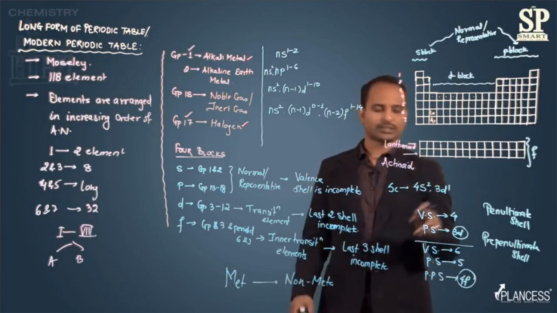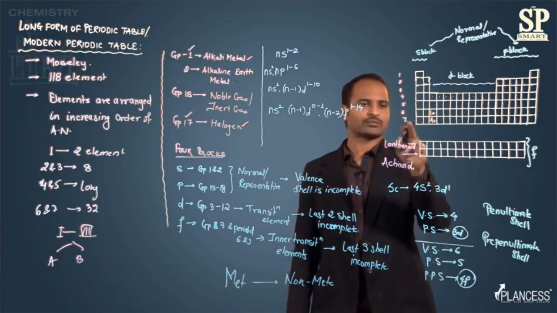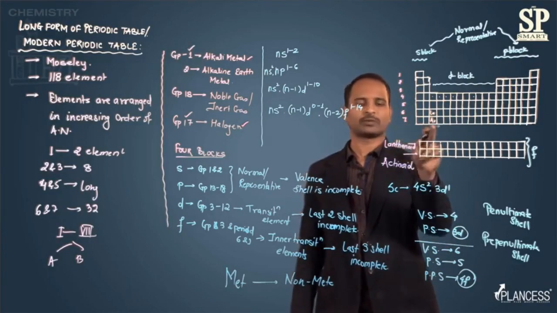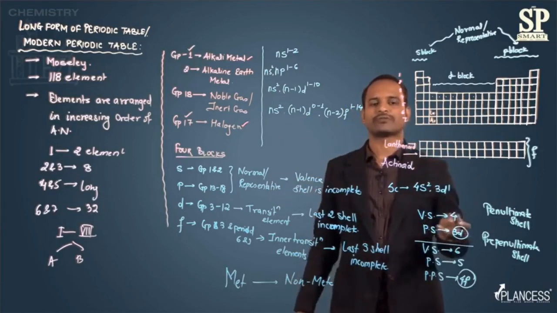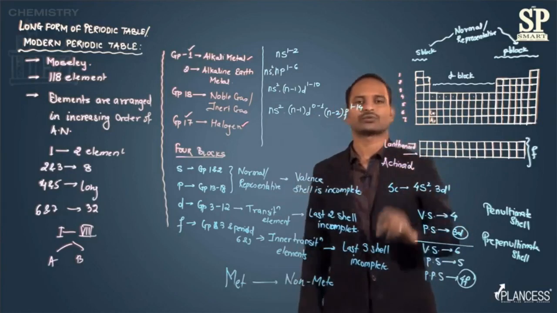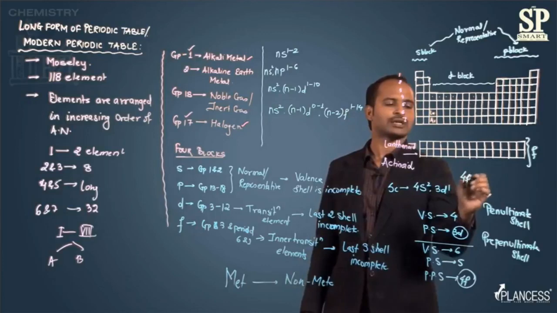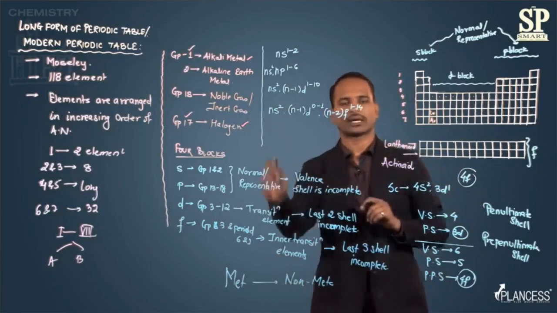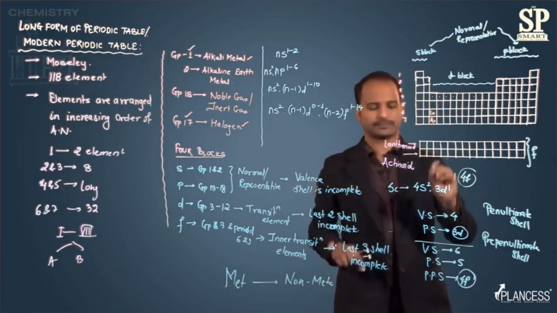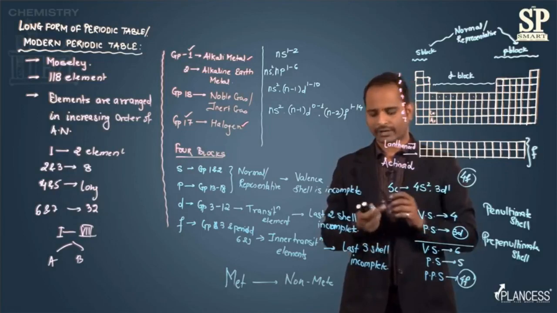For the Actinoid series, it is 7s, the outermost shell is 7 because it belongs to the 7th period, and D will be 6d and the electron will enter 5f. So the lanthanide series is also known as the 4f series elements, because their last electron enters the 4f orbital, and actinoid series elements are called 5f series elements because the electron enters the 5f orbital.